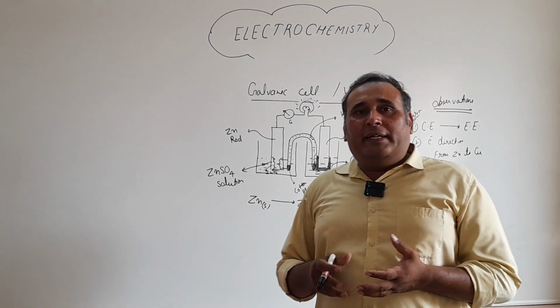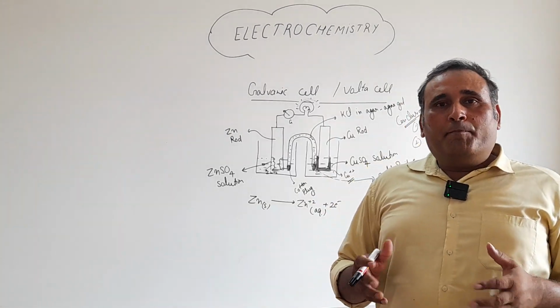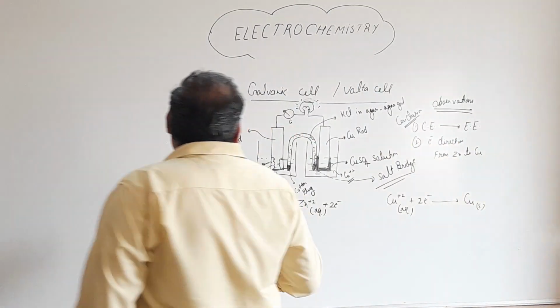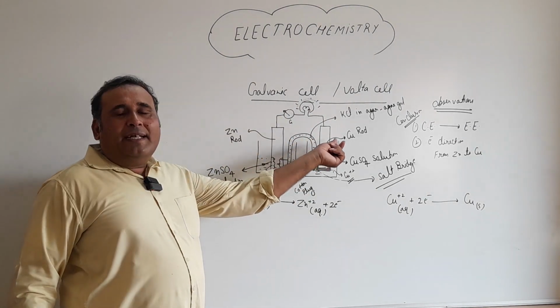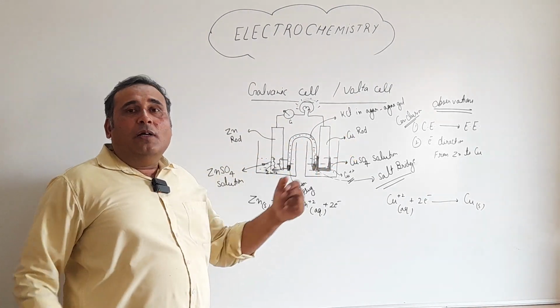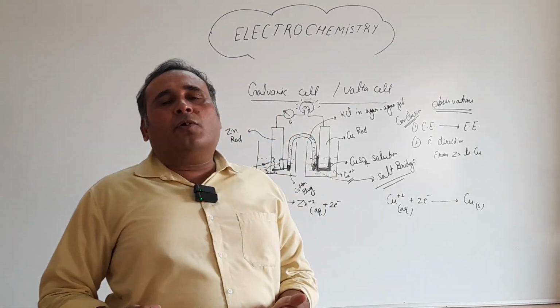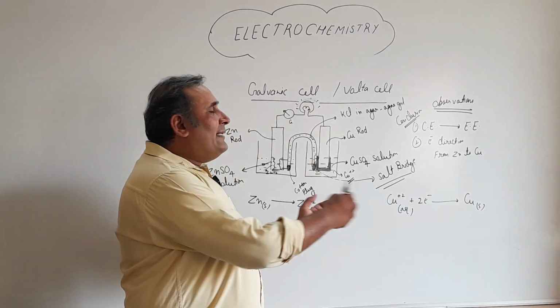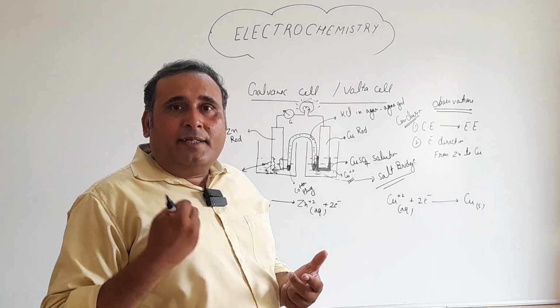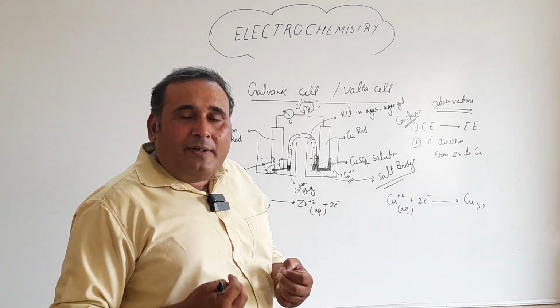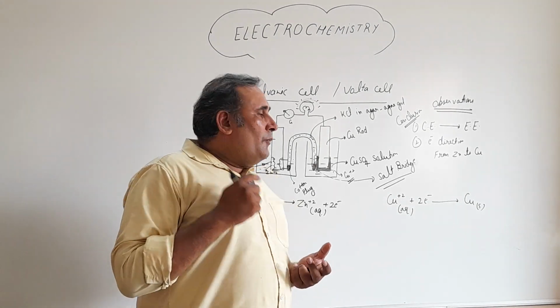That's why the copper plate becomes thick. Now one plate is donating electrons and the second plate is gaining electrons, meaning there is movement of electrons. Due to this movement of electrons, it proves that electricity is being generated here. So our cell is working.